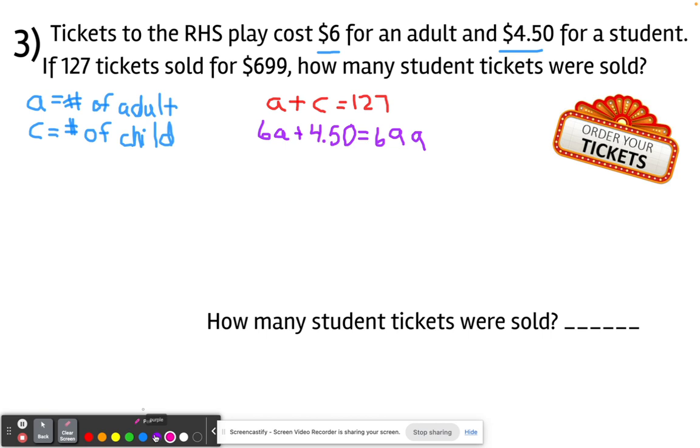I better write that in, 4.50 times C. Just because it's easier to multiply by 6, I'm going to multiply both the top and bottom by -6. So -6 times A is -6A. -6 times C is -6C.